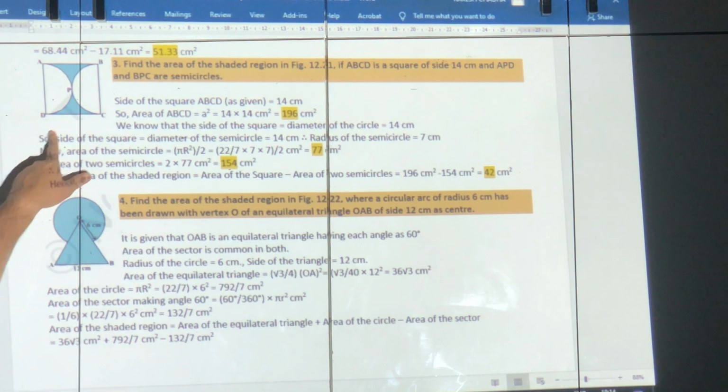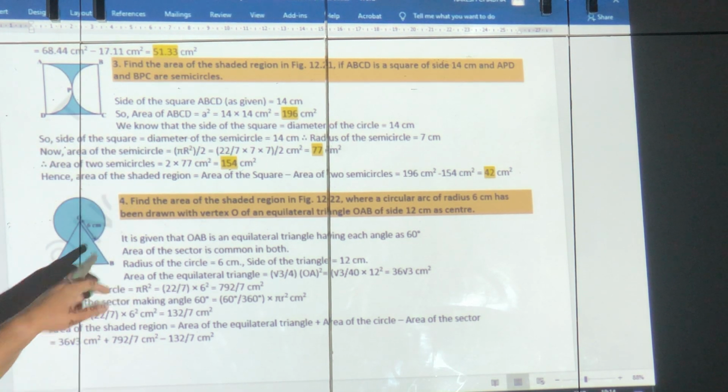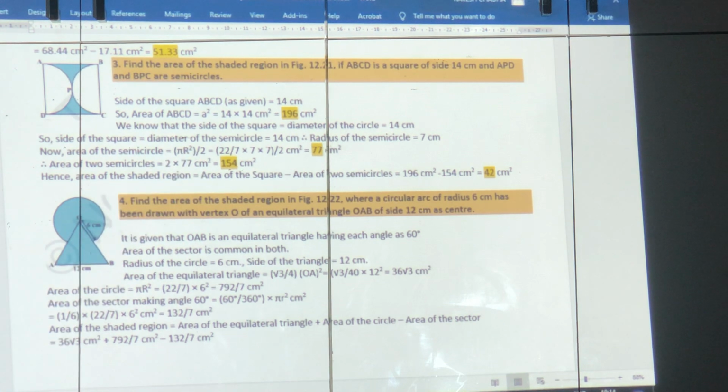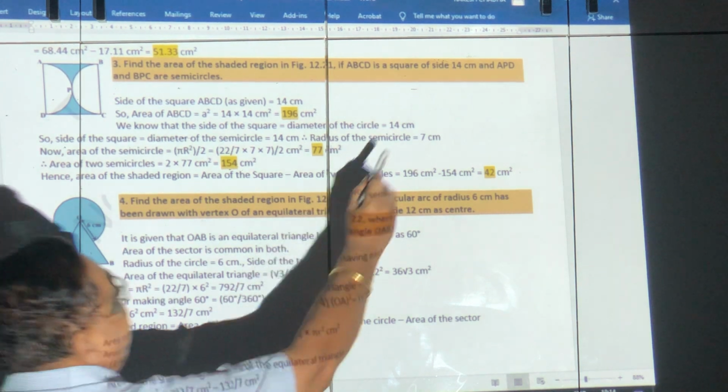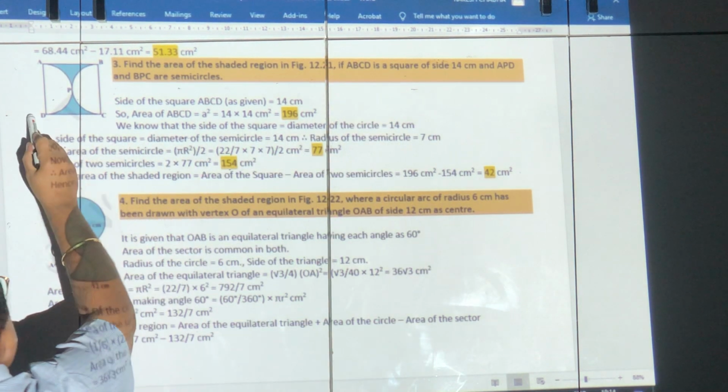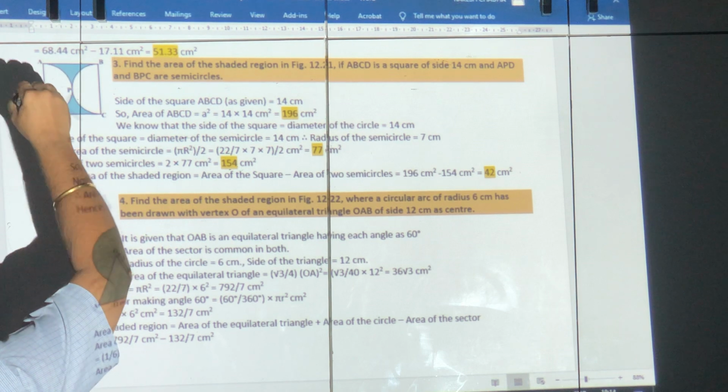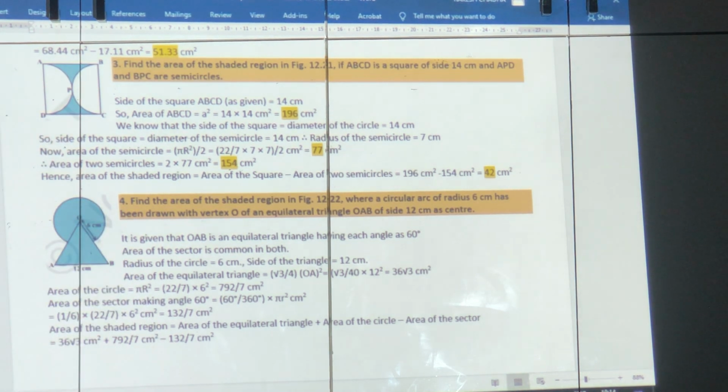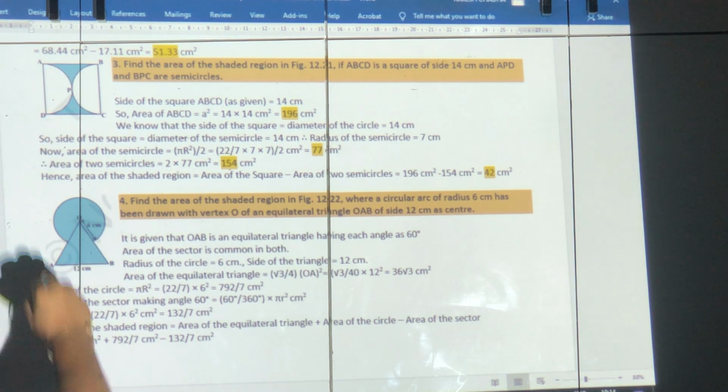Diagram is taken from your textbook, NCERT. Don't worry, don't try to read NCERT. They are taken from your textbooks. So, side of the square is given 14. They gave me 14. So, this is 14, this is 14. Radius is 7. Now, two methods.